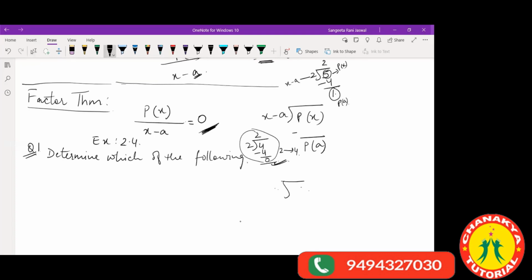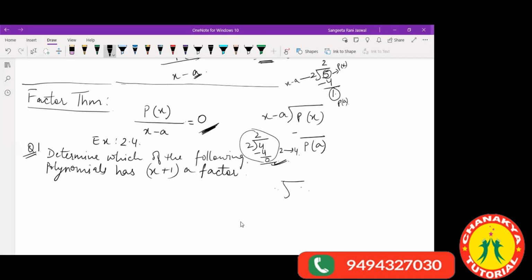Following means there are four polynomial equations given and one by one you have to try all. So which of the following polynomials has x plus 1 as a factor?